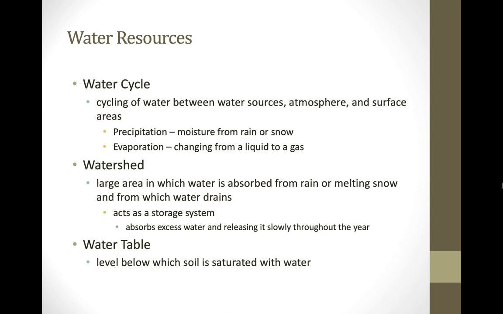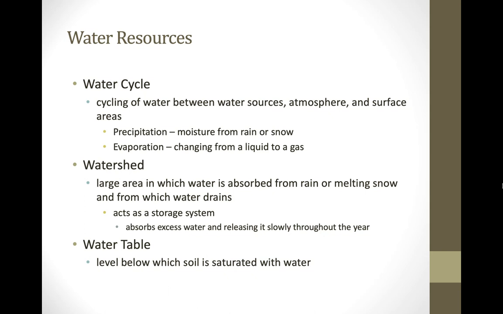It will condense and it will fall again in some form of precipitation. So, when we're looking at the cycling between different water sources in the atmosphere and surface areas, we're talking about precipitation, which is basically rain or snow, and the fact that the evaporation piece is what's going to actually cause it to go from a liquid state into a gas state, which will eventually condense and precipitate again.